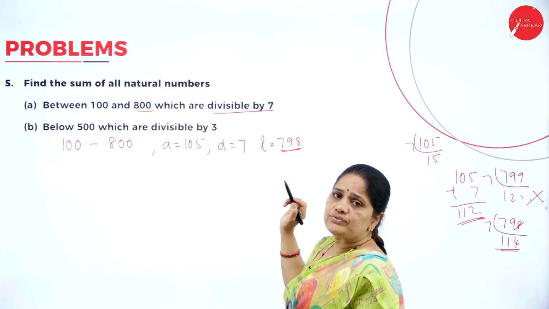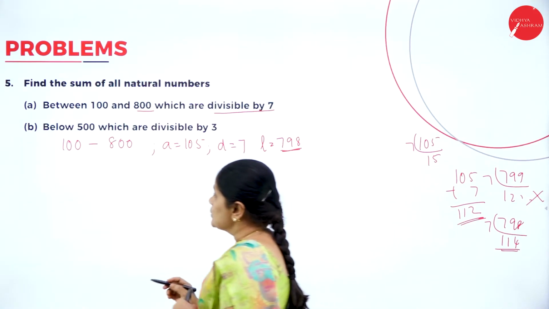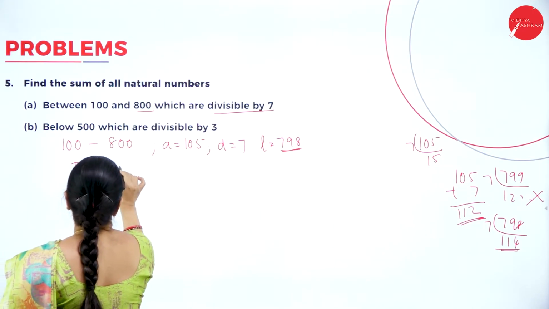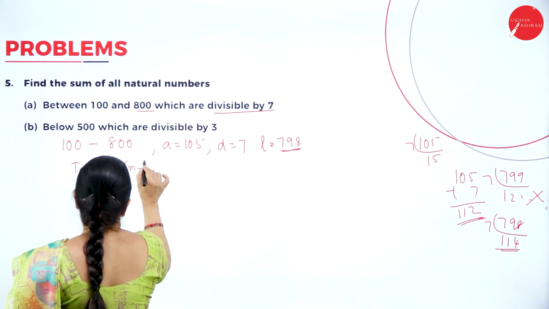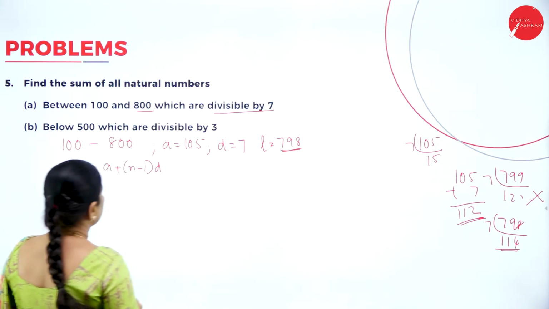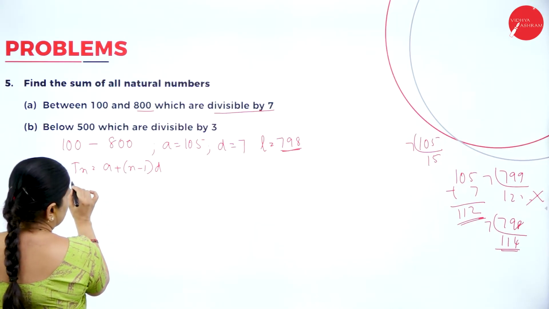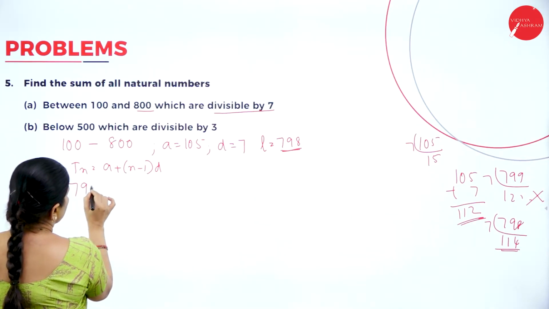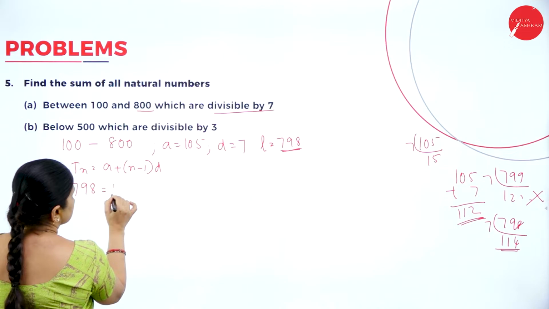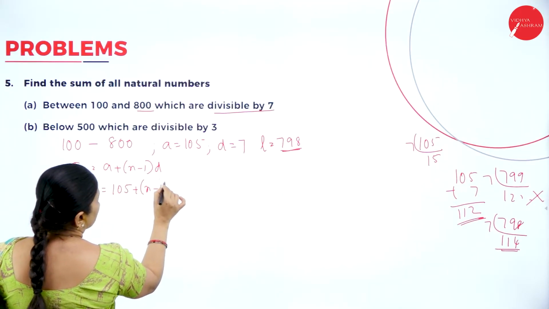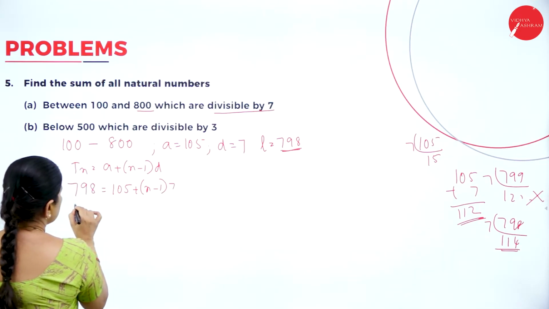But we don't know what the nth term is here, so we have to find n. I use the formula Tn equals a plus n minus 1 into d. So 798 equals 105 plus n minus 1 into 7.